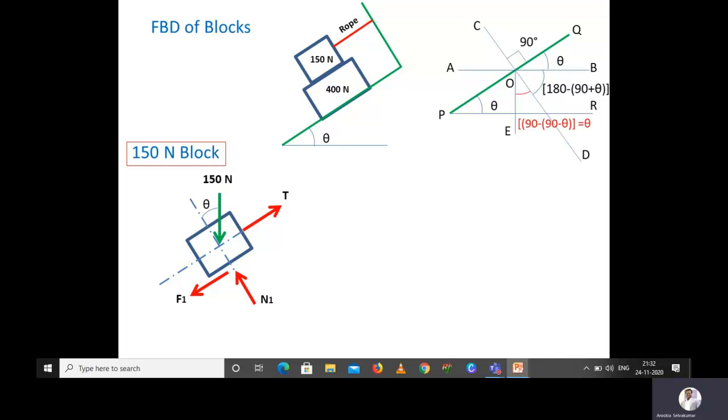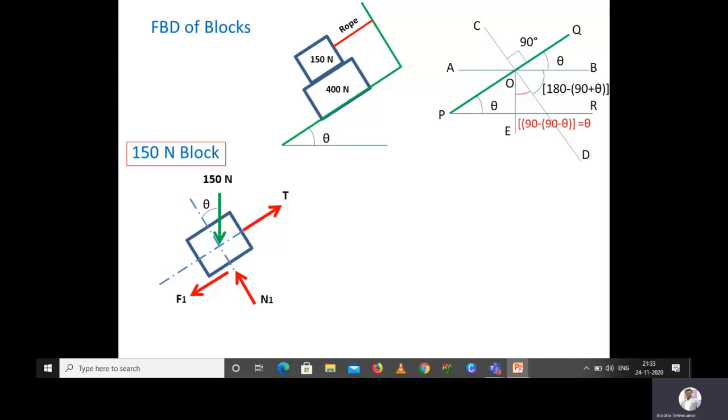Again I will repeat this step. We know that BOE is a 90 degree angle, and BOD is 180 minus 90 plus theta, which comes to 90 minus theta. So the angle DOE is 90, that is BOE, minus the angle BOD, 90 minus theta.